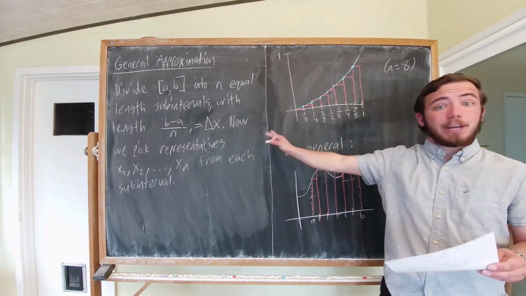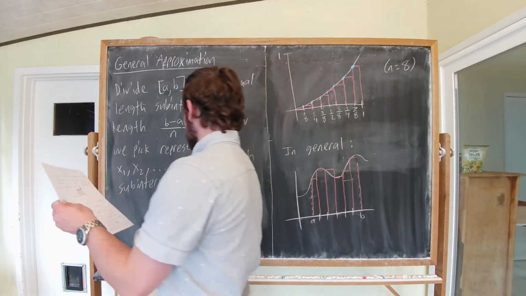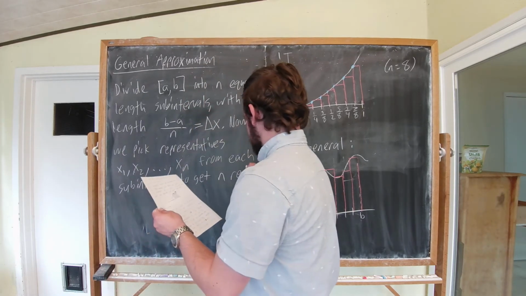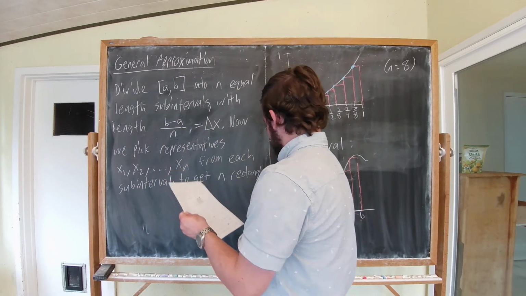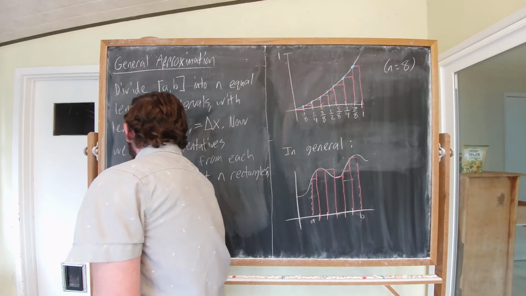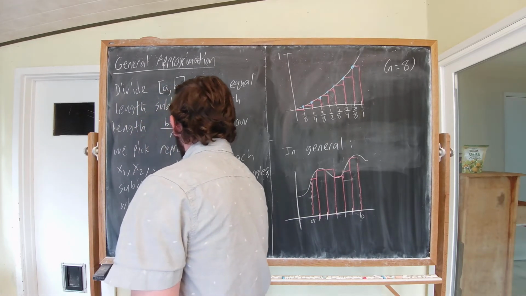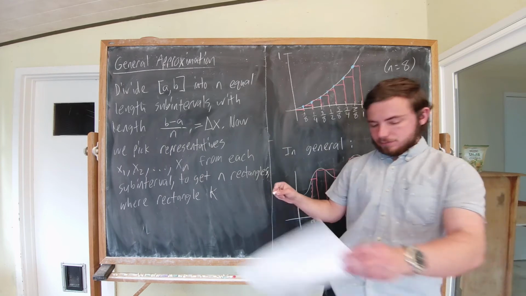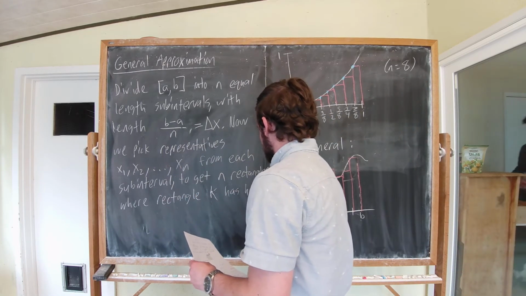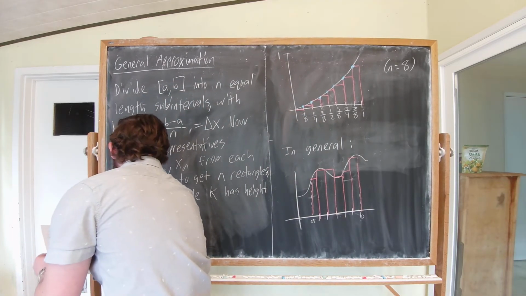Anyways, you can pick any representatives you want from each subinterval to get n rectangles, and we're going to say that rectangle k, so k could be like the third rectangle, has height f of x sub k.